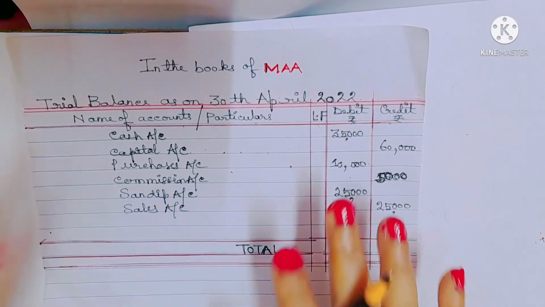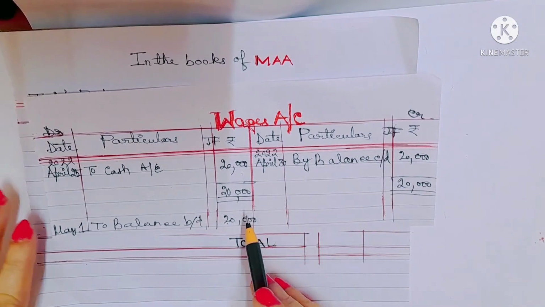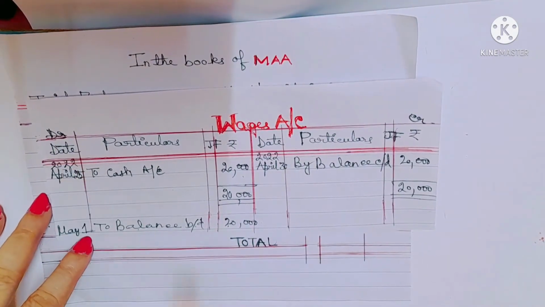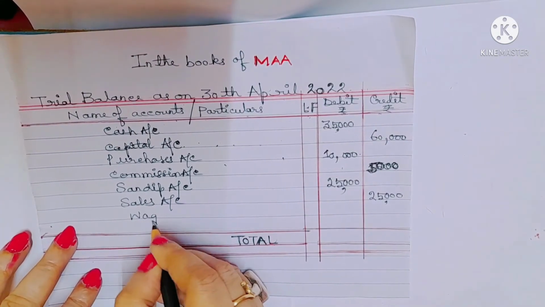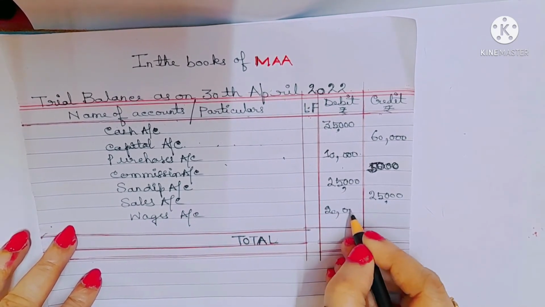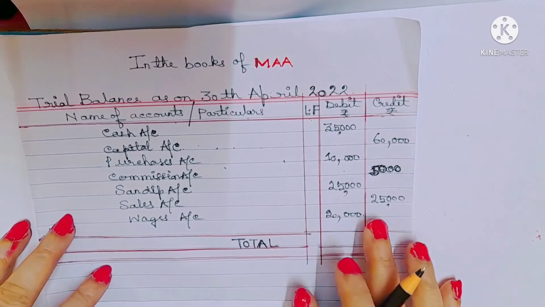Let's do the last account. Wages account. Wages account is a debit balance since to balance b/d is beneath the debit side total. So let's write wages account 20,000. So let's do the total.